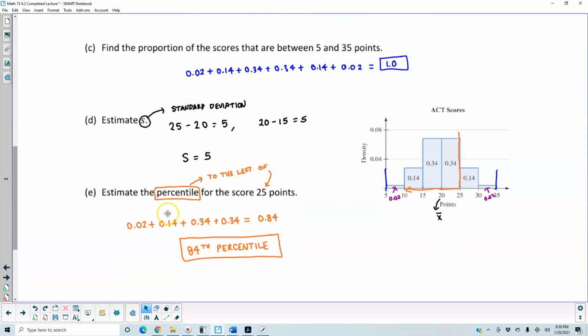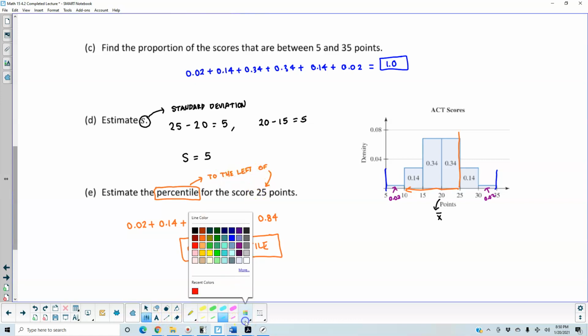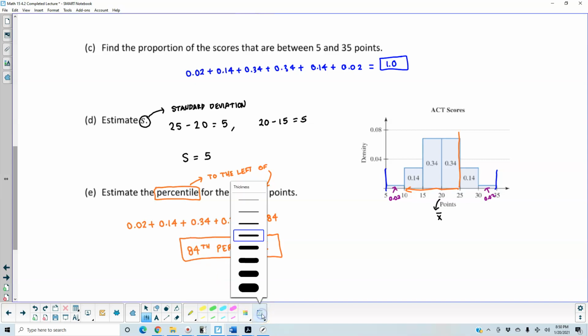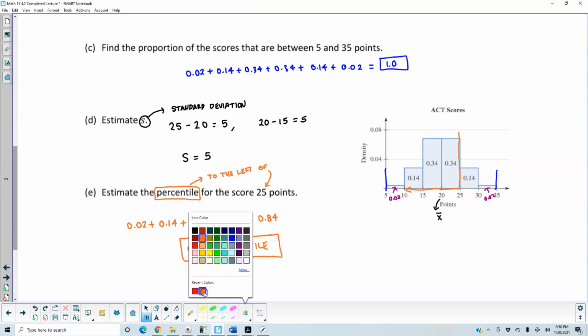Next, we want to estimate the percentile for the score of 25 points. That means to the left of 25 points. So what we want to do is start at 25 and go towards the left.